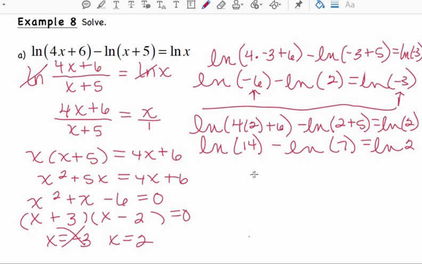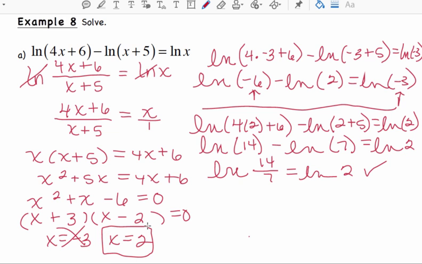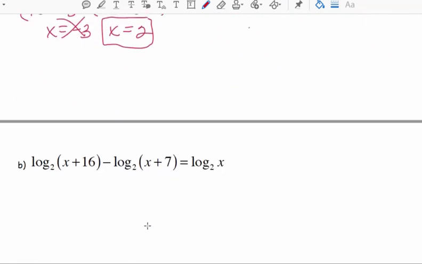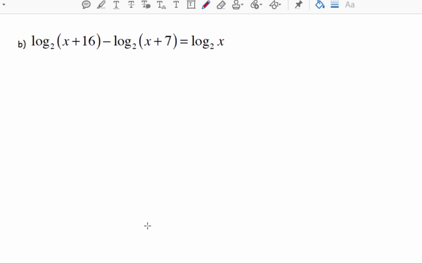And when you combine these two together, you get natural log of 14 over 7 is equal to the natural log of 2, and that's true. 14 divided by 7 is 2, and that one checks. So 2 is the answer, or is a solution. All right, let's do this guy right here.